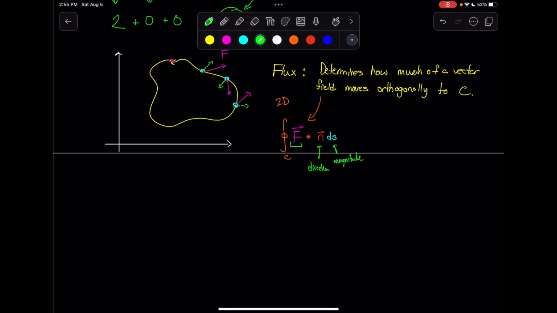This is a trend we've been following this entire time: we need direction and we need magnitude for any of this to make sense, and this is how we go about doing this.